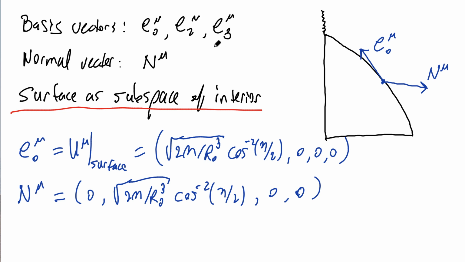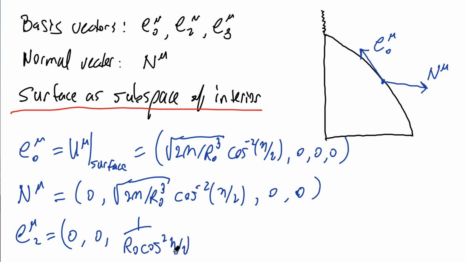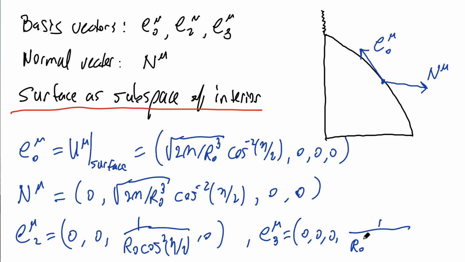And now the other two basis vectors are E2 is 0, 0, 1 over r naught cosine squared eta over 2, 0, and E3 is 0, 0, 0, 1 divided by r naught times cosine squared of eta over 2 times sine of theta.